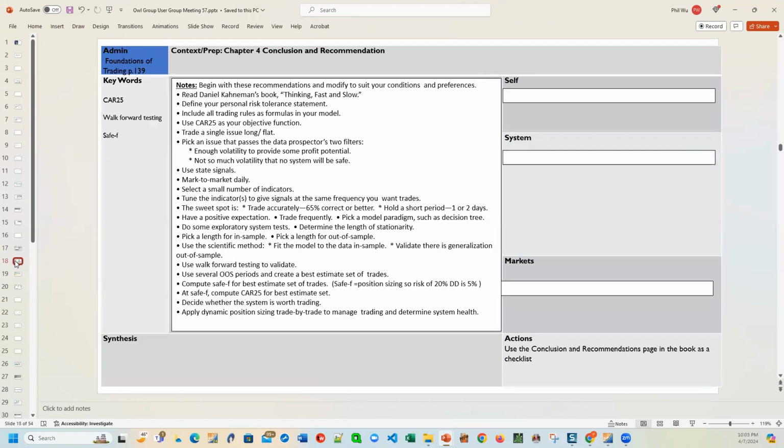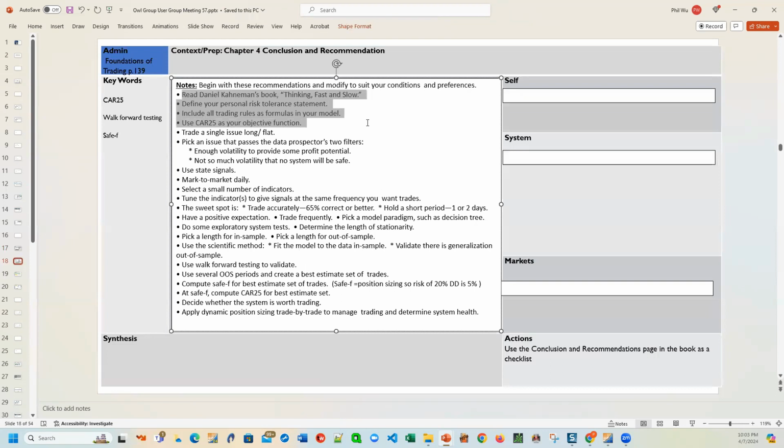Then he had a checklist of things. I just copied and pasted his checklist, which starts with reading Daniel Kahneman's book, then defining your personal risk tolerance. Include all trading rules as formulas in your models.